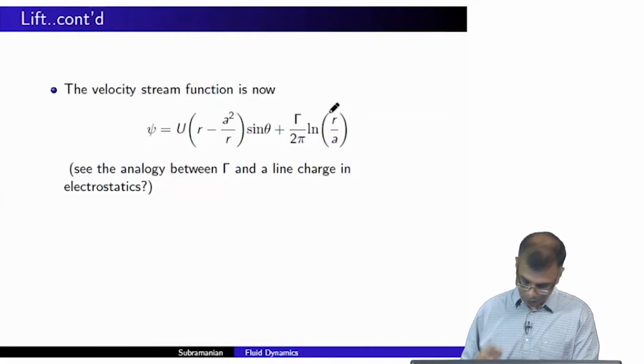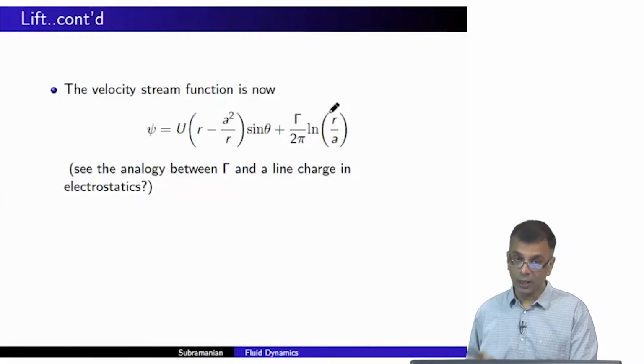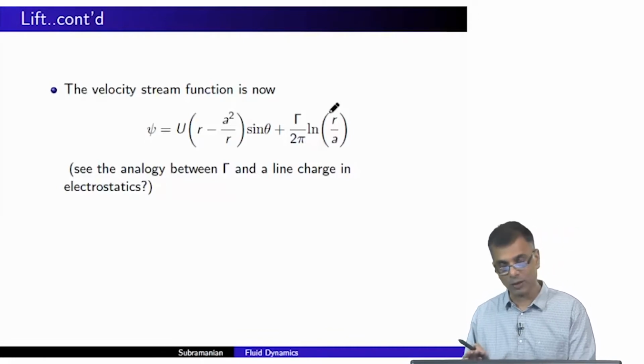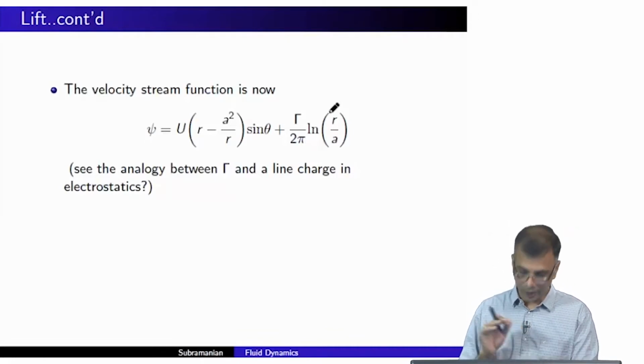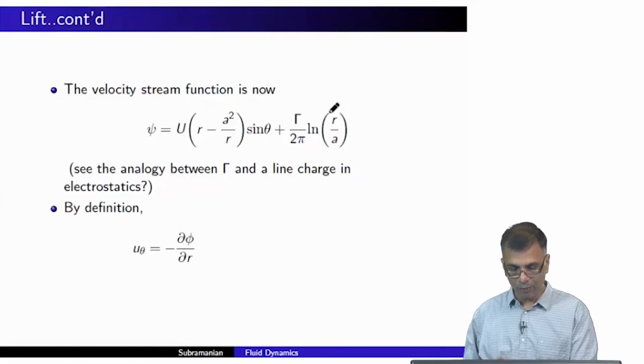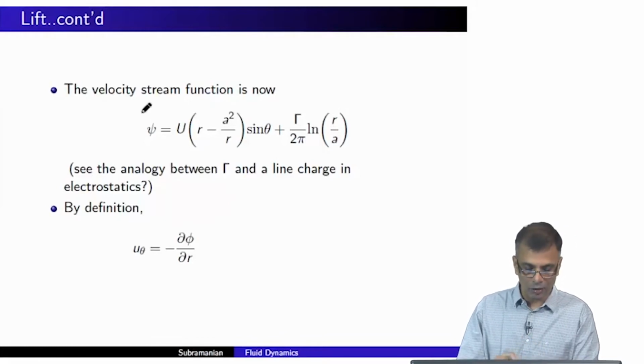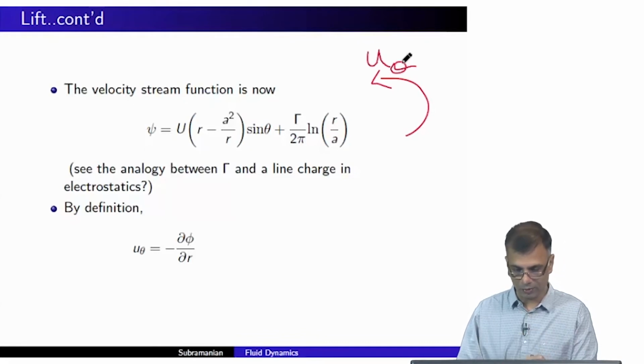So now this is the stream function, and by the definition of the stream function, you remember how the velocity is derived from the stream function. You take the curl, and so by the definition of the stream function, there's a relation between the stream function and the potential, and so the theta directed velocity is equal to this.